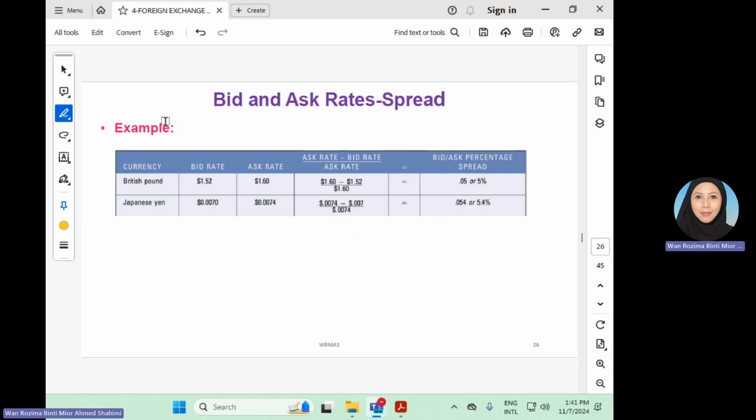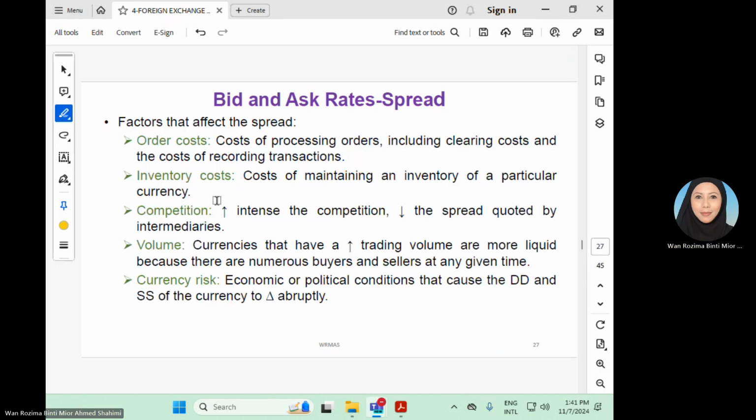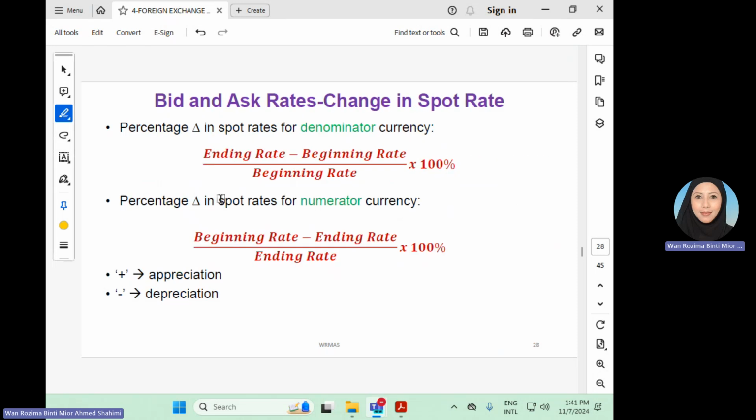You can see that the percentage spread of the Japanese yen is obviously larger compared to the British pound against USD. Next. So this one, spread, is done.